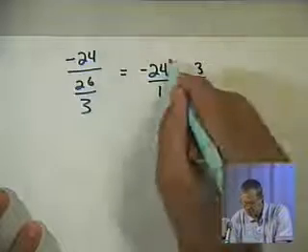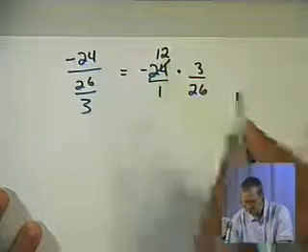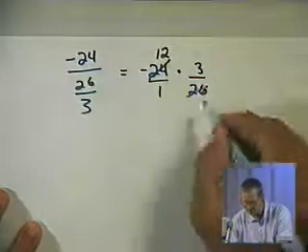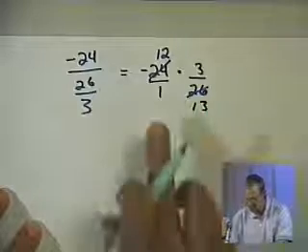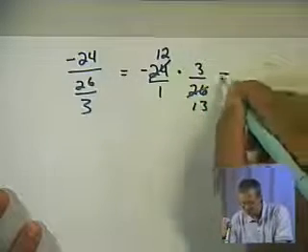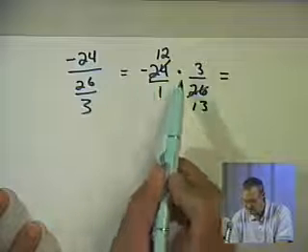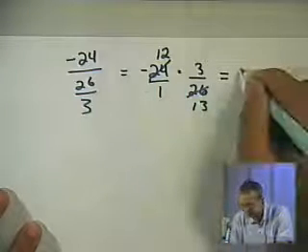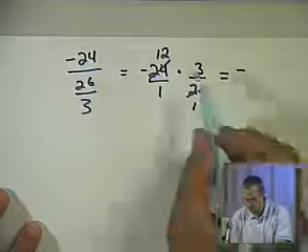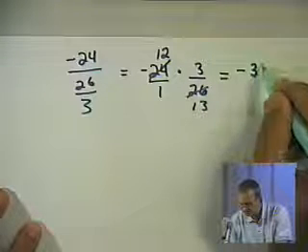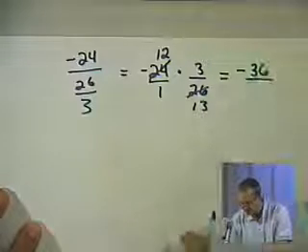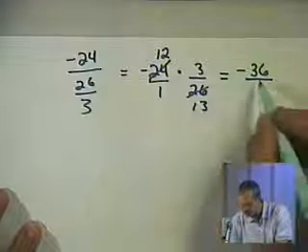A 2 can go into 24 12 times. A 2 can go into 26 13. And now we can multiply the numerators together. Let's see, what's the sign going to be? A negative times a positive. Well, when I have different signs, the resulting is going to be negative. 12 times 3, 36 over 13.